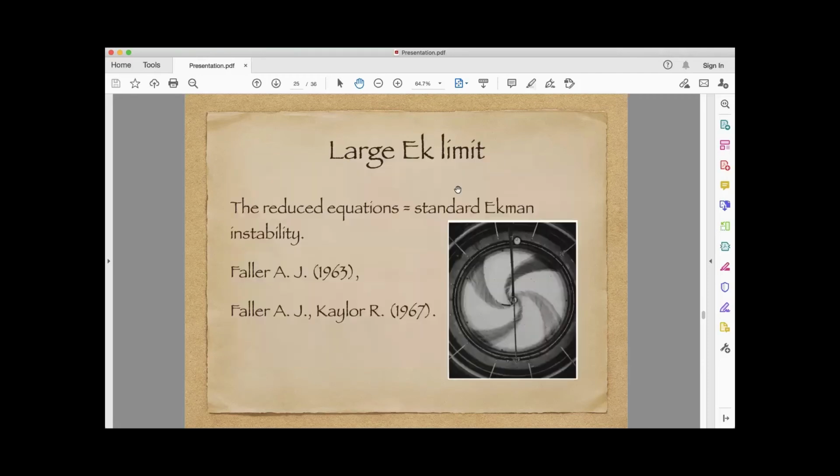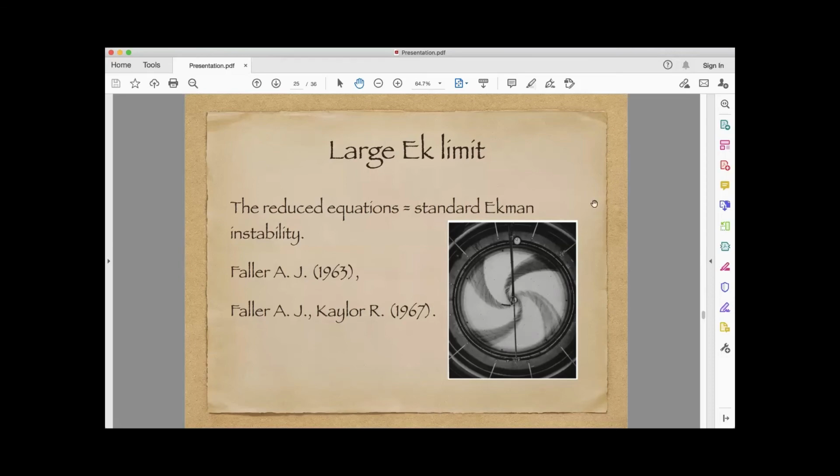The large Ekman limit, even though it's not very useful in the physical sense, meaning in the ocean, we do not care about the large Ekman limit, but mathematically, the equations reduce to the standard Ekman instability. So again, I remind you that if you take a tank of water and you start rotating the bottom plate, you start forming this Ekman layer near the bottom plate, and this Ekman layer can become destabilized above some critical Reynolds number.